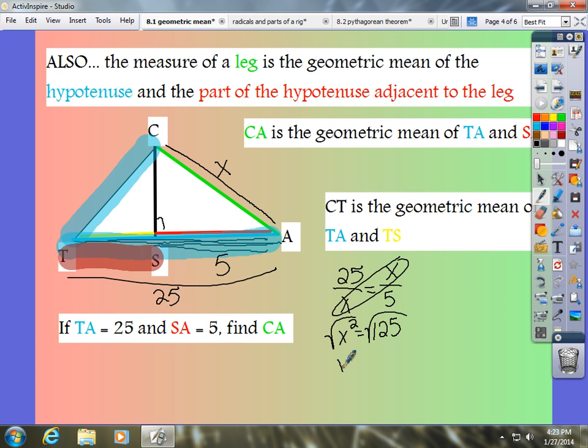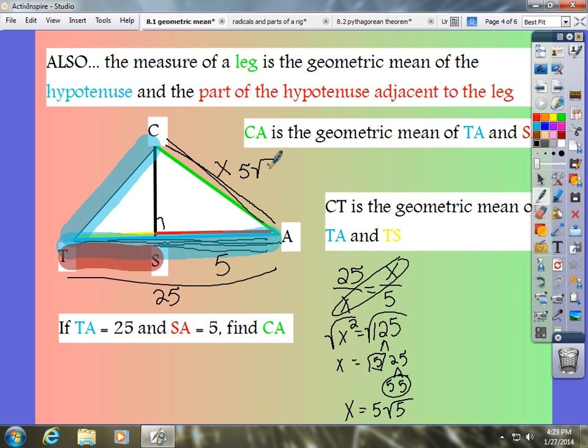I know that this is 5 and 25. I know that this is 5 and 5. I've got a pair of 5s, so I'm going to bring them outside and leave this poor little one here inside all by himself. So the leg here is going to be about 5 times the square root of 5 in length.